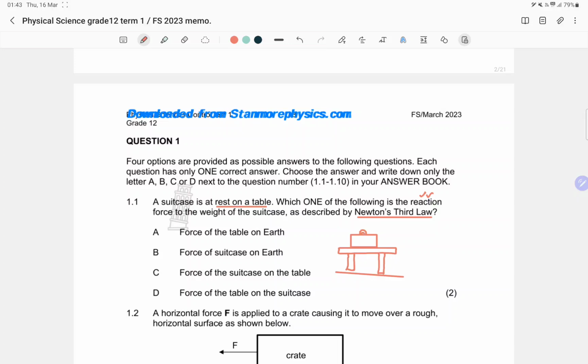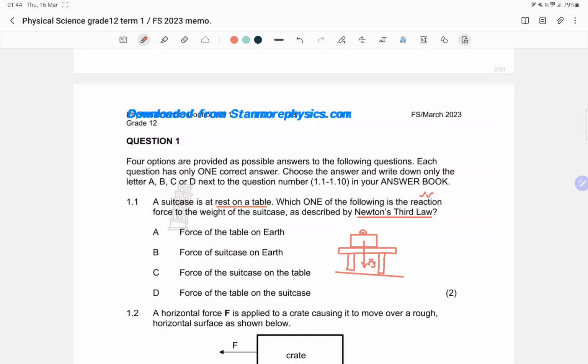Now what do we know? We know that the earth is pulling the suitcase down, and that gives us its FG, right? But the problem is, this suitcase being pulled by the earth in terms of its weight, this suitcase should be pulling the earth, isn't it?